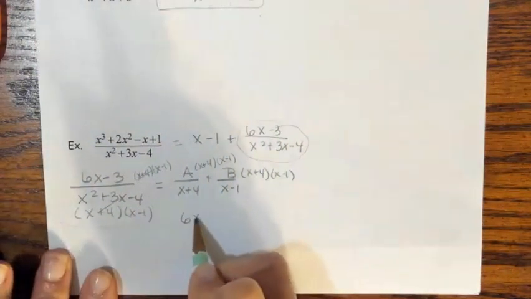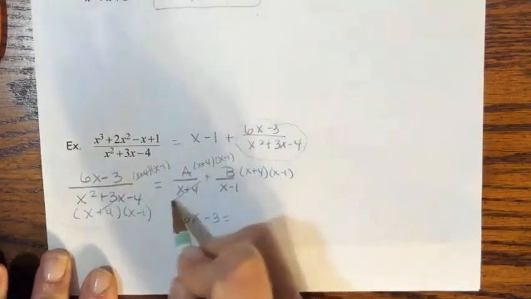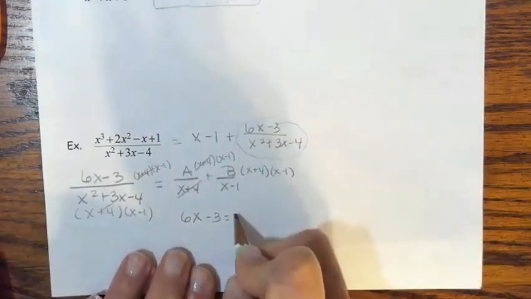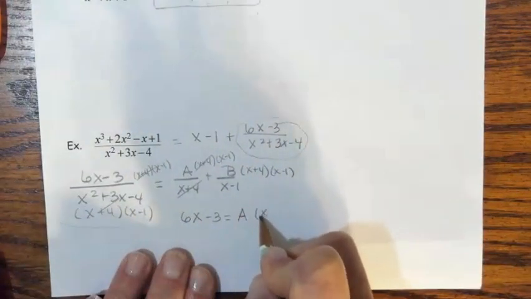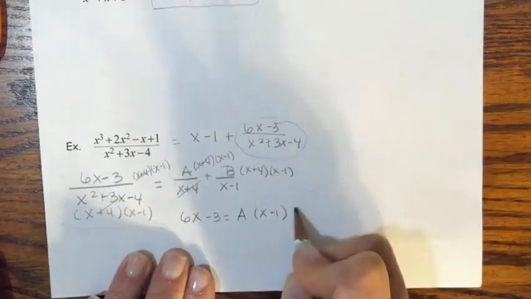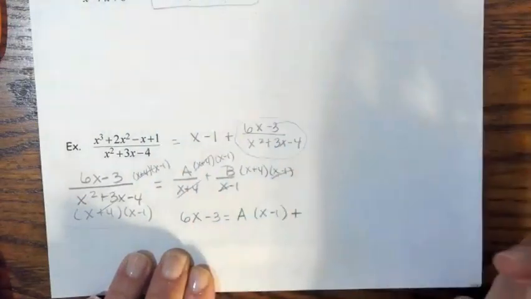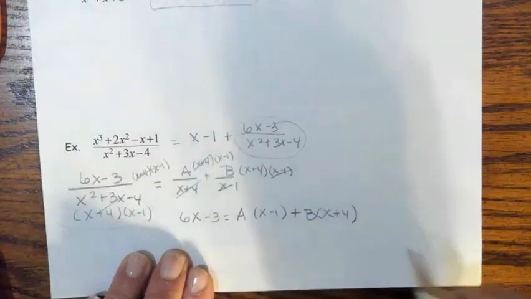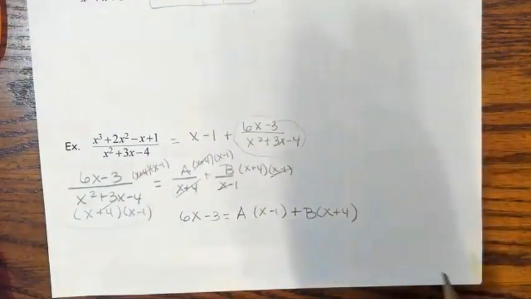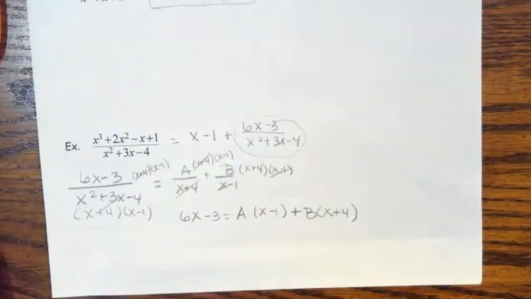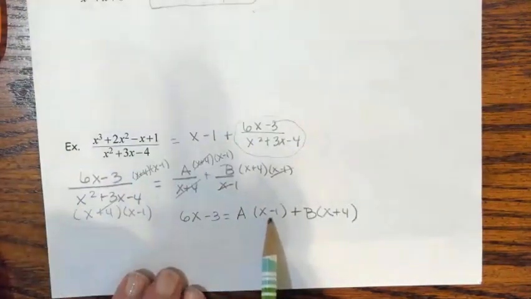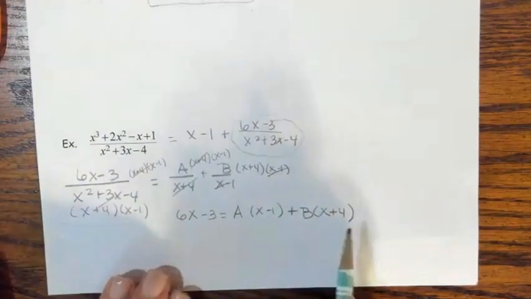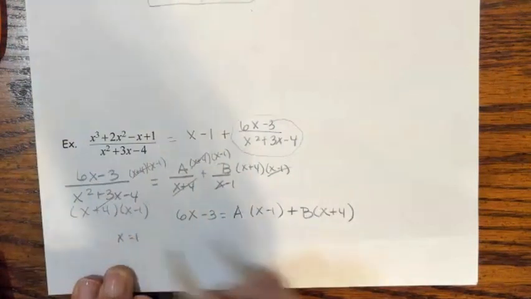So I'm left with 6x minus 3. x plus 4 cancels with x plus 4, so I'm left with A times x minus 1 plus B times x plus 4. And then there are obvious values I can plug in for x to eliminate those A's and B's. So if I let x be 1, I can get rid of this and solve for B. So let's do that. x equals 1.